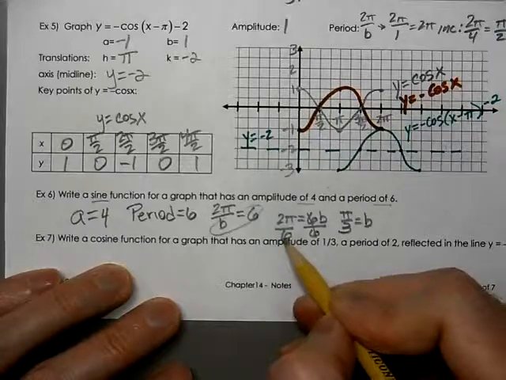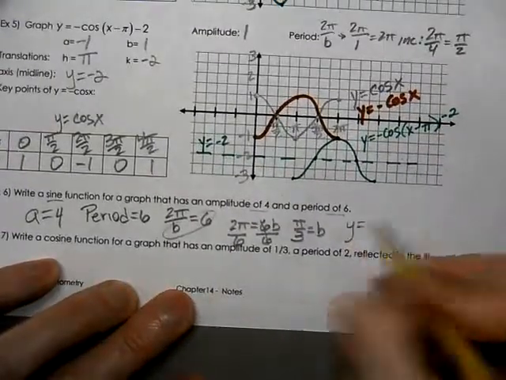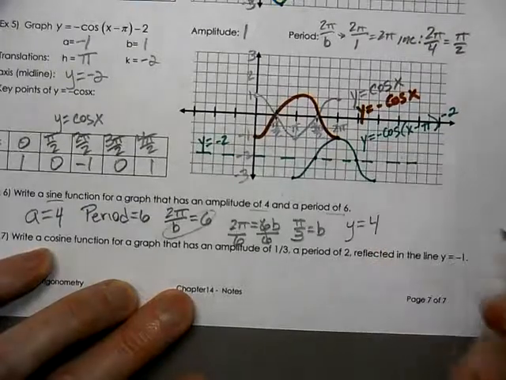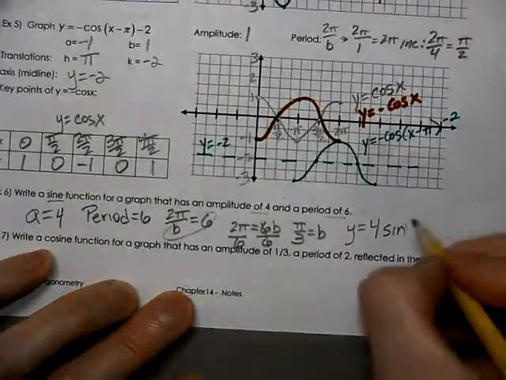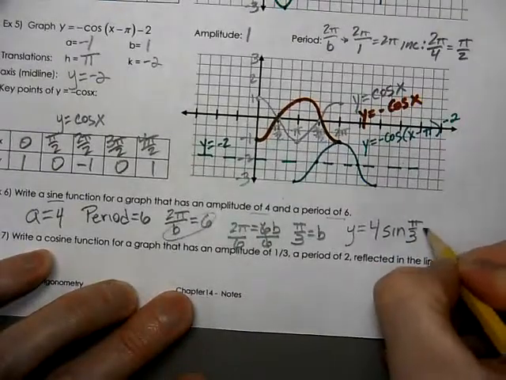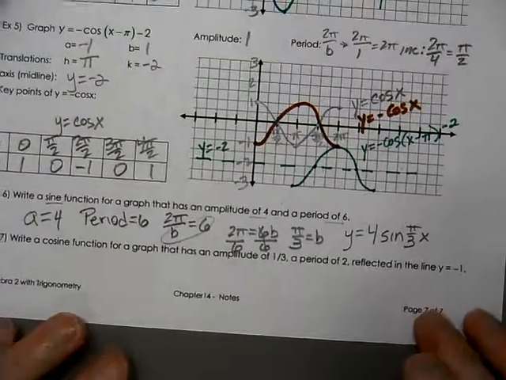We can reduce the 2 and the 6. So my equation is going to be y equals my a value, my b value is pi over 3, x, and there's no hint of a translation.